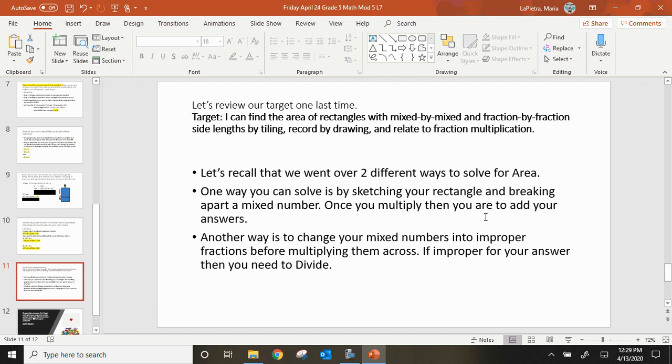Once you multiply each part, then you are to add your answers together. Another way is to change your mixed numbers into improper fractions before multiplying them across. You would multiply your numerators across, then you would multiply your denominators across. And for both ways, if it's improper when you get an answer, then you need to divide to get your final answer.